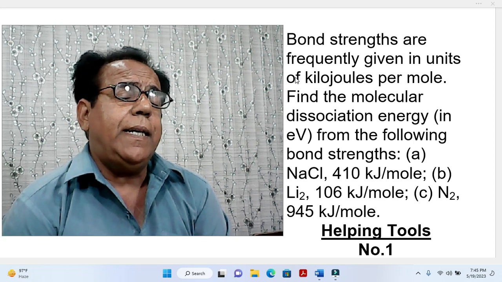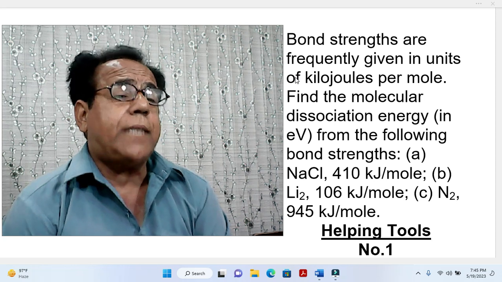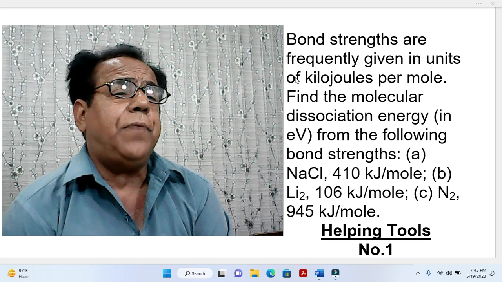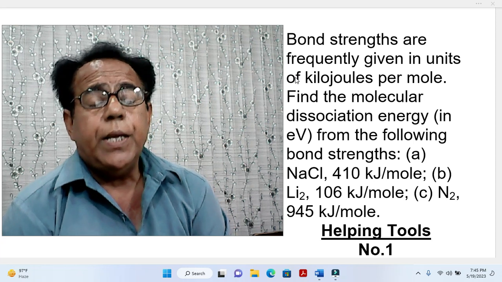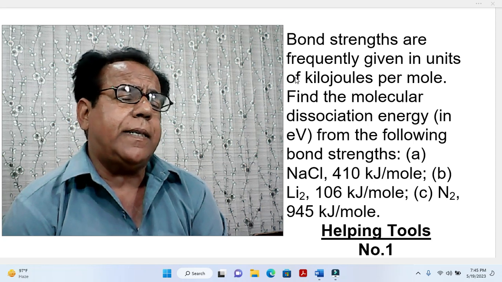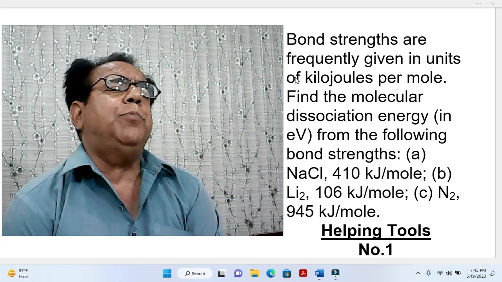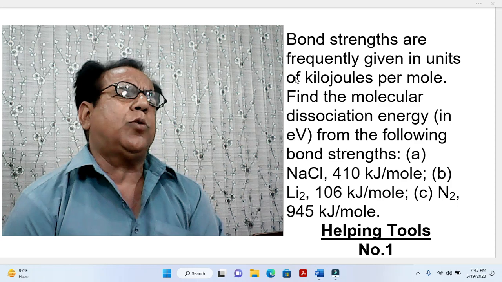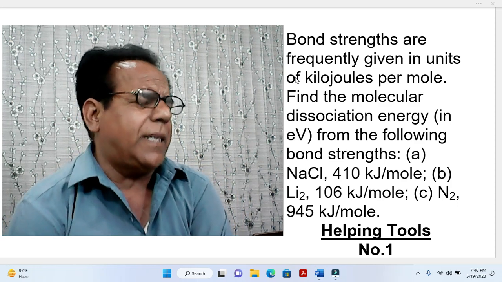We know that tables of conversion factors are spread all over the book of physics, whether it is a general physics book or a modern physics book.